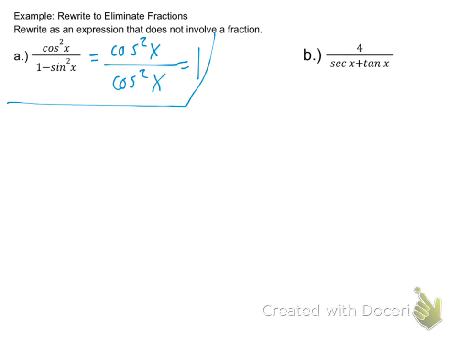And so, I propose that you multiply the top and bottom by not the denominator, but by its conjugate. So therefore, I'm now multiplying the top and bottom by secant x minus tangent x. You guys should have done something like this last year.